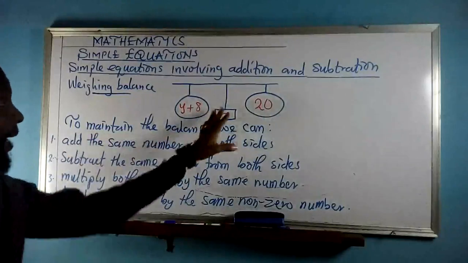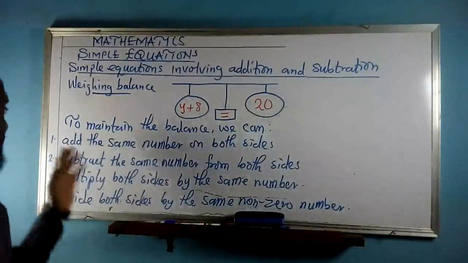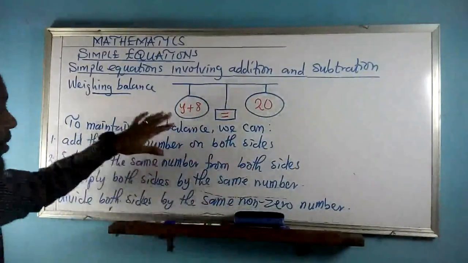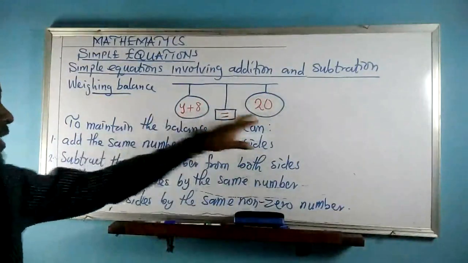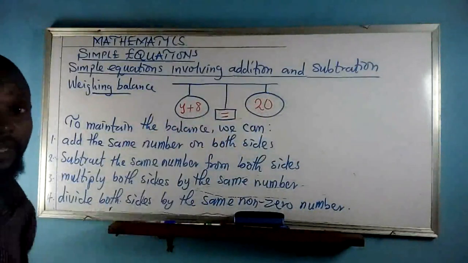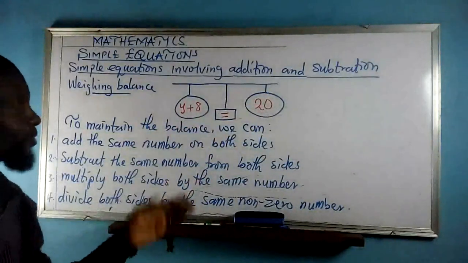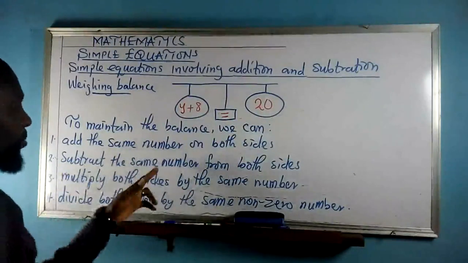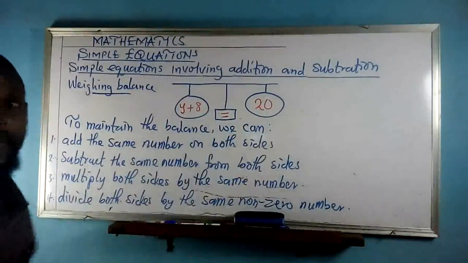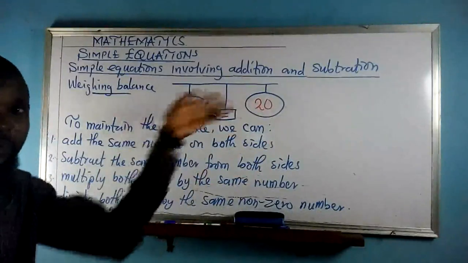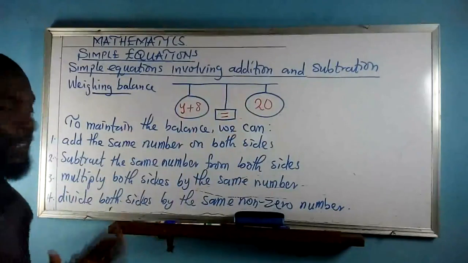So to maintain the balance, you have to add the same number on both sides. If you want to add any number here, you must add that number here. If you don't do that, one side will be heavier than the other. Did you get that? Number two is, if you subtract a number from one side, you must also subtract it from the other side. You must subtract the same number from both ends so you can maintain your balance.